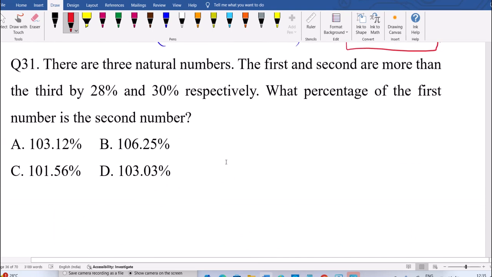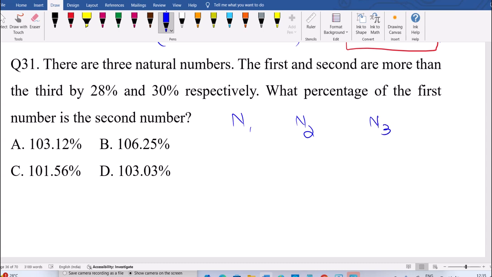This model again repeated model. You just see about this. There are three natural numbers: first number, second number, third number, N1, N2, N3.